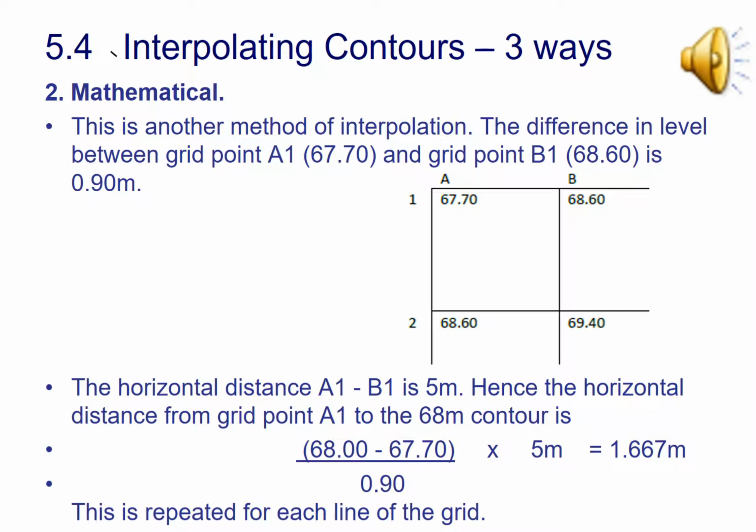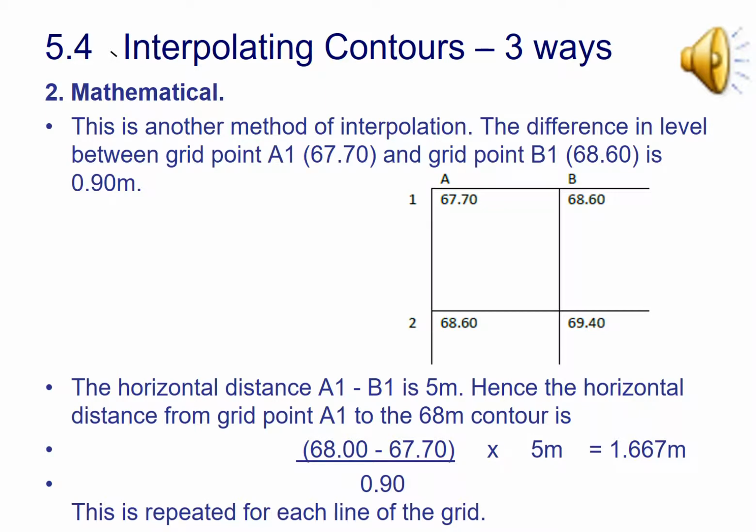I can also tell by looking at that the contour of 68 meters passes between those two points, because we go from 67.7 up to 68.6. So 68 is in there somewhere. What I'm trying to do is to work out how far along that line does the 68 meter contour occur.